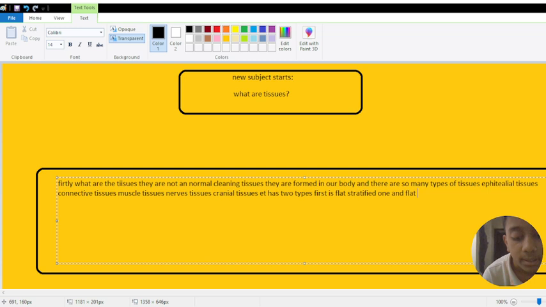Flat tissues are formed in our lungs and blood vessels, because they need oxygen to breathe. They need blood vessels because they need oxygen, food, and nutrients in it.